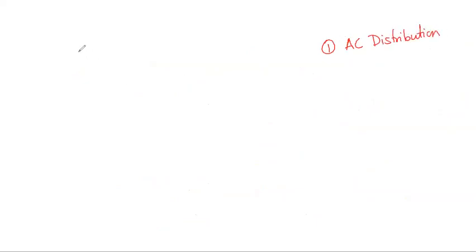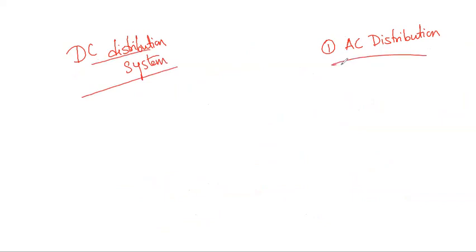Before going to AC distribution, you need to understand what the DC distribution system is all about. Next, you have the AC distribution system, which again has primary and secondary distribution.